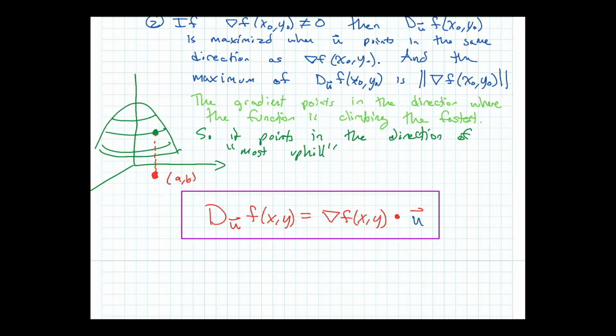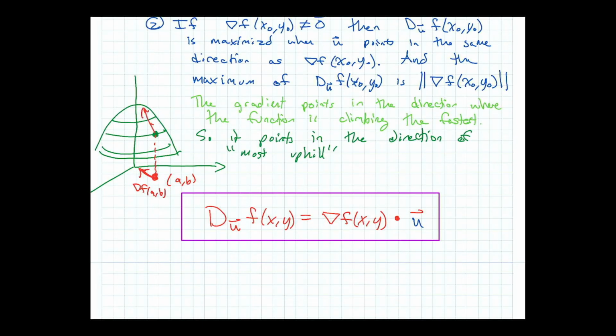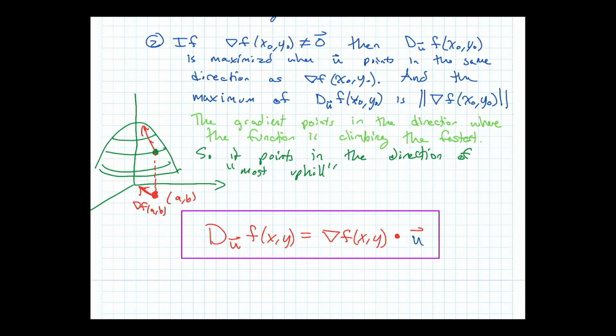So that direction is the direction grad f would be at (a, b), because that's where the function is climbing the fastest. Okay, and that's all we're saying there. It looks complicated, but what's the direction where the function's going up the most? And it just happens to be the gradient.